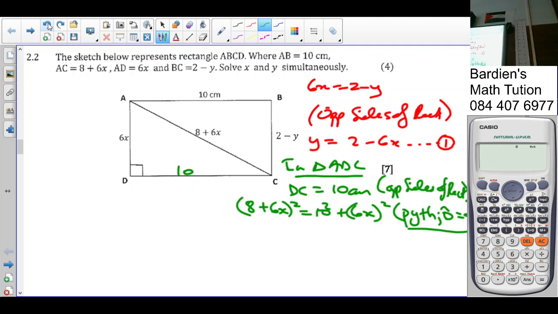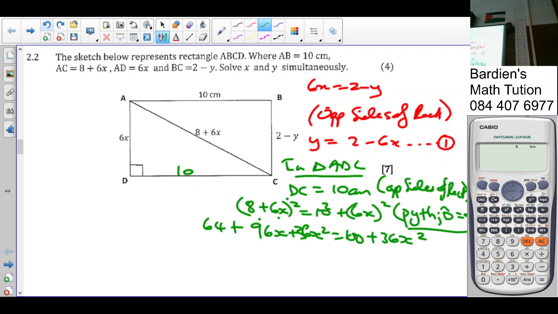So it's just a matter of solving for x here. 8 squared is 64, plus 8 times 6x is 48x, times 2 is 96x. Plus 6x all squared is 36x squared, equals 100 plus 36x squared. So what's going to happen now?